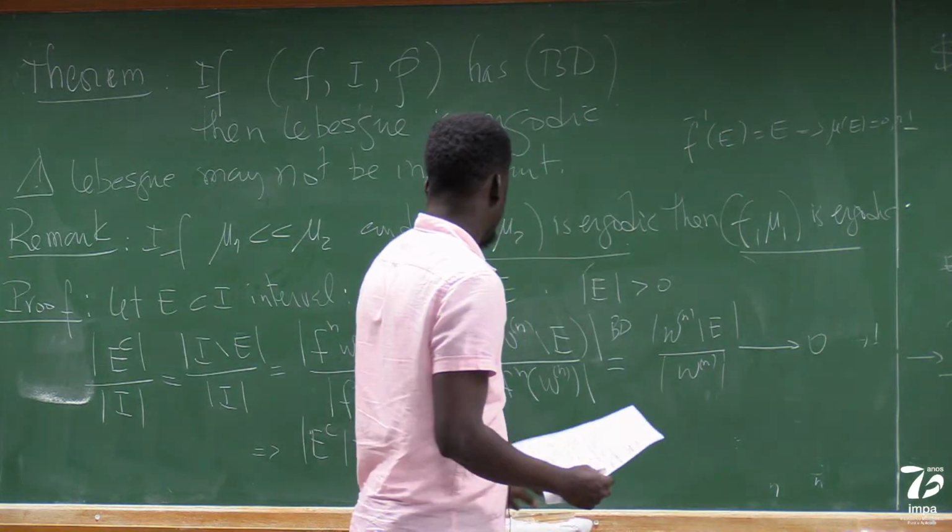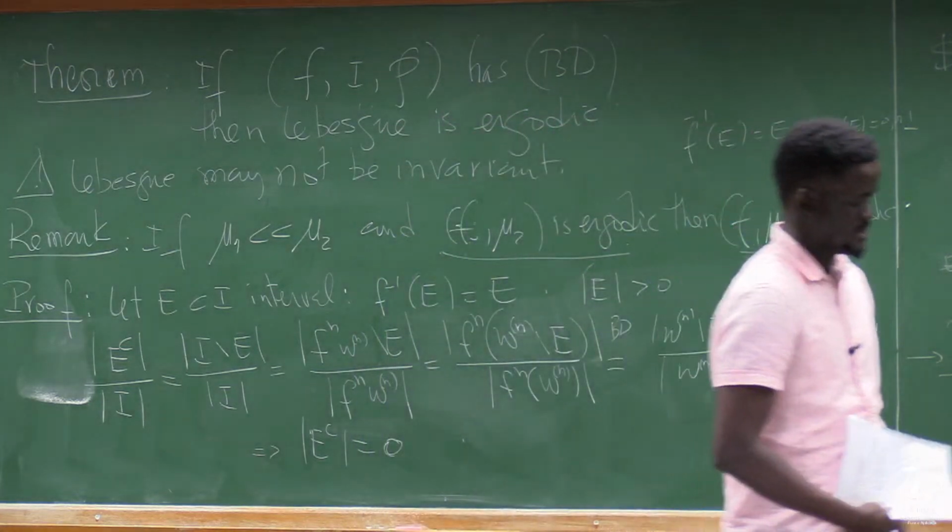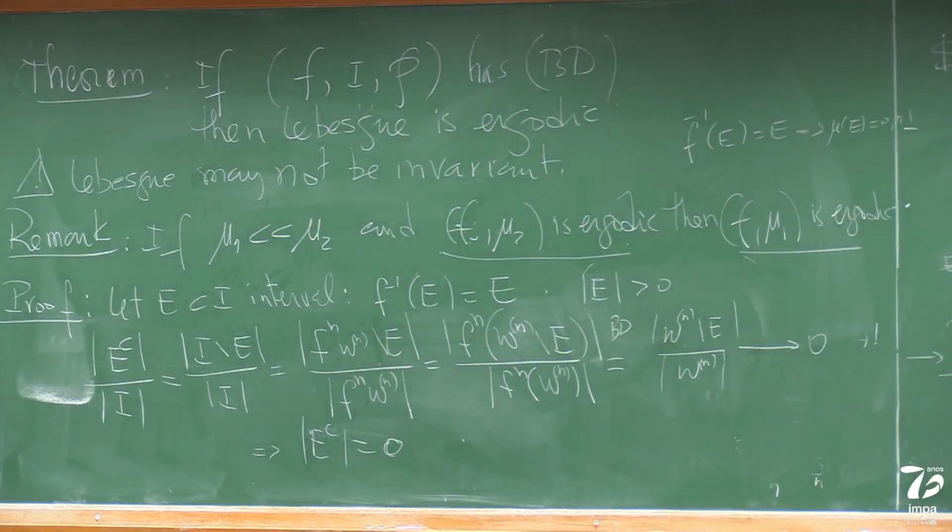Now, this bounded distortion condition, looking at it like this, looks difficult to check in practice. So let's find a condition that implies bounded distortion.